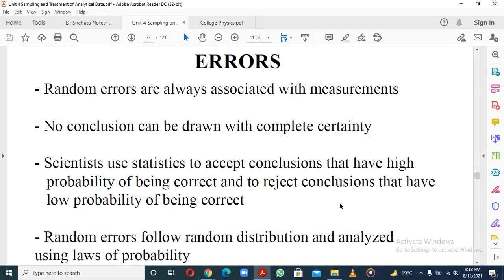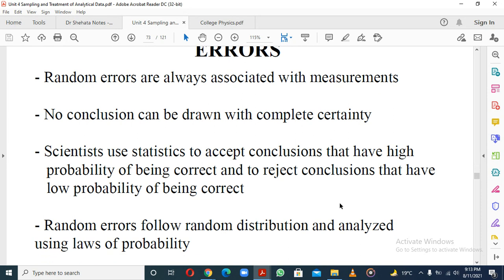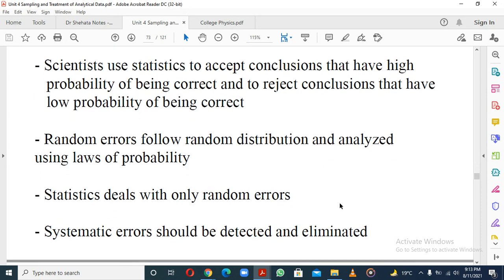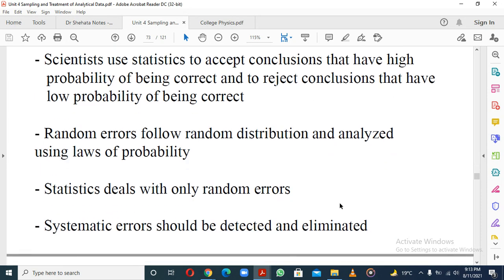You can't be sure to say, okay, I think what I measured is this. There will always be a degree of uncertainty hanging over your values. So that's an important point to take note of.